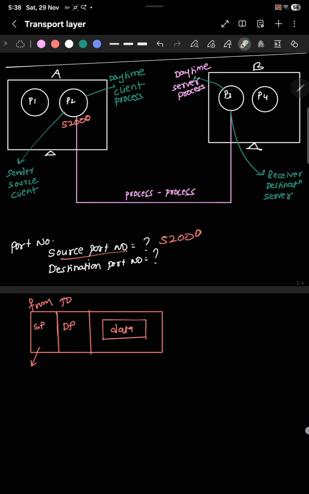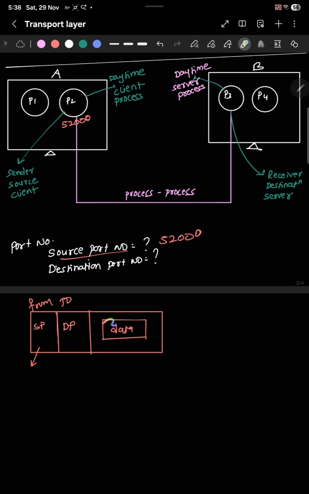Now if at the destination also the operating system is randomly generating the port number, then at the sender side, when it is generating a packet, it has to put the destination port number in the header itself, which is not possible to know.